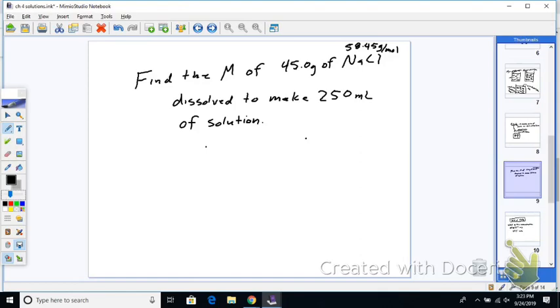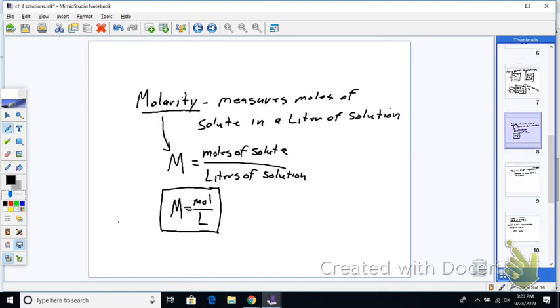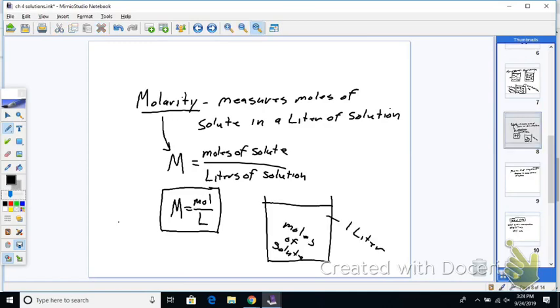Did I give you guys that? I haven't, have I? So go ahead and write that down, and we'll do one problem before you go. Molarity is found by taking moles divided by liters of solution.